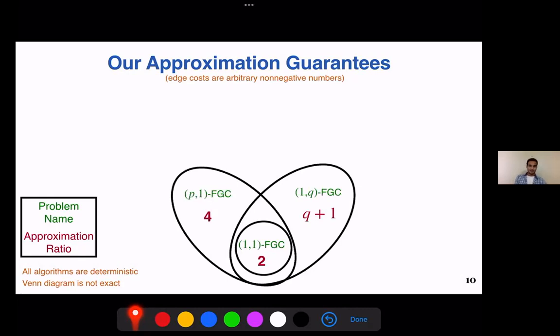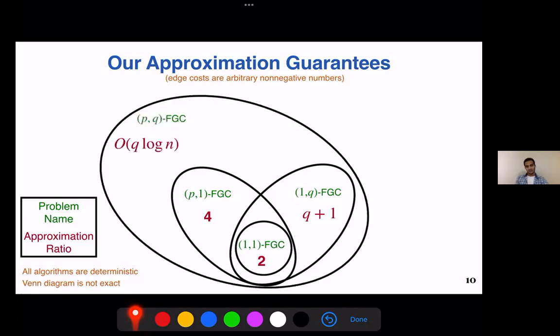For the complementary problem, where we want p-connectivity against failure of one unsafe edge, we give a 4-approximation algorithm. For the model that combines these two aspects, that is PQ-FGC, here we give an O(Q log n) approximation.